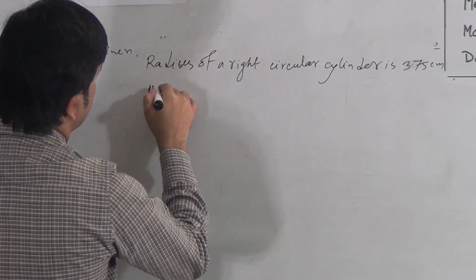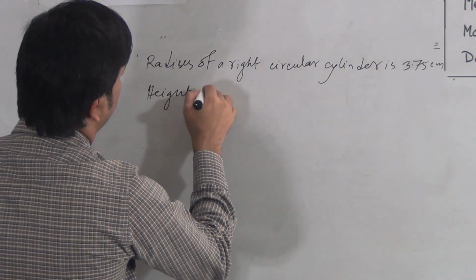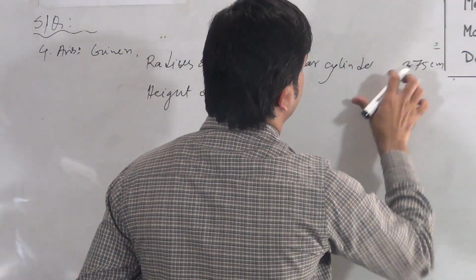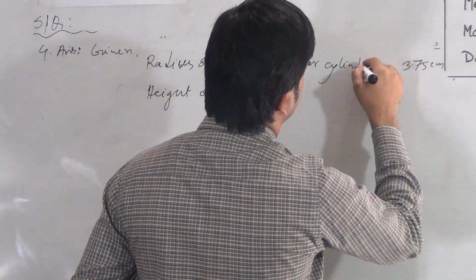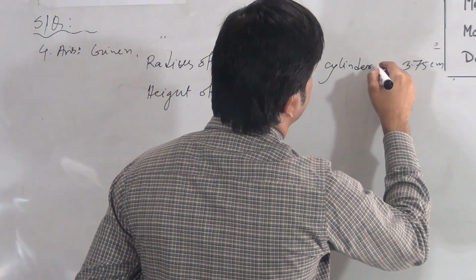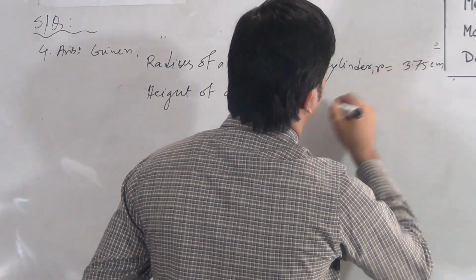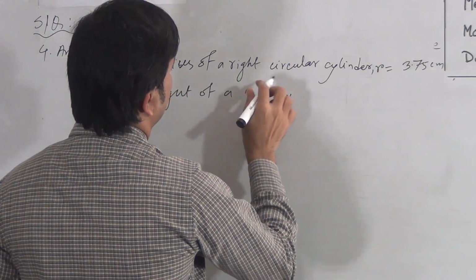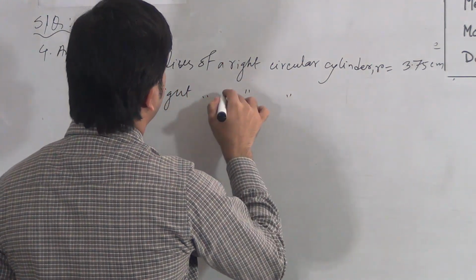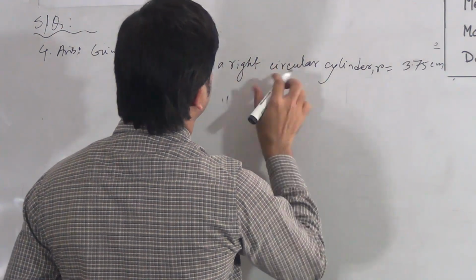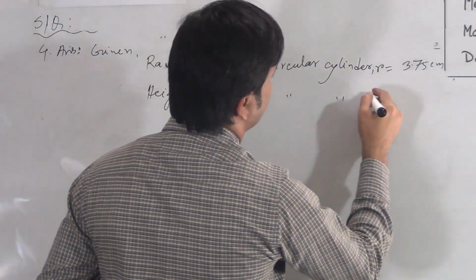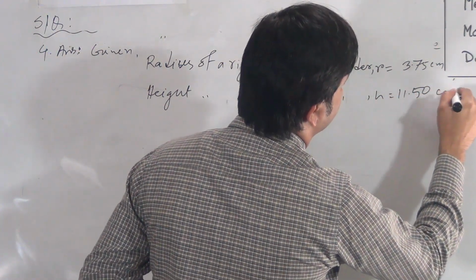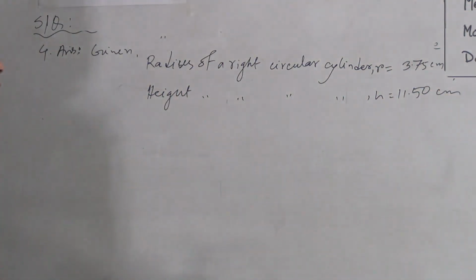We can denote this by R equal to 3.75 centimeter. Height of our right circular cylinder, H equal to 11.50 centimeter.